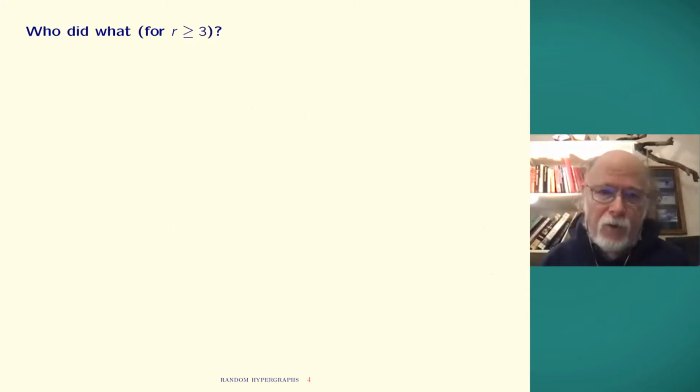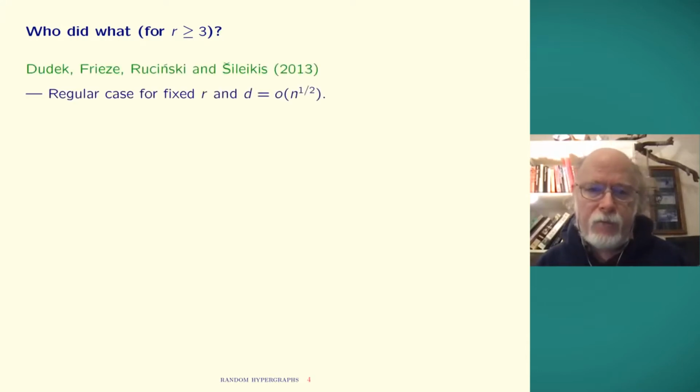What's been done before? Of course, when R equals 2, that's just the case of graphs, and that's been worked on extensively, and I'm not going to try to survey that. I'm only going to consider the case of edges of size at least 3. Dudek, Frieze, Ruciński, and Šileikis counted, and all of these are asymptotic counts, the case of fixed edge size and the degree being little o of square root of n.